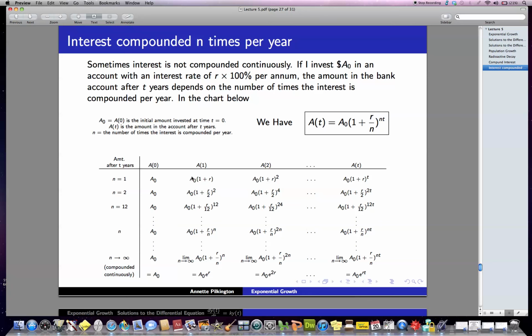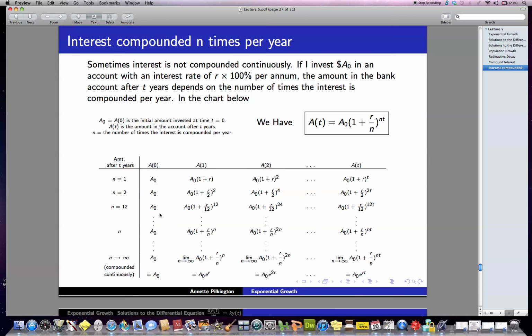I start out in the second year with that amount in my account, and then at the end of the second year I have that amount multiplied by 1 plus r in the account, and at the end of t years I end up with the initial amount times 1 plus r to the power of t in the account.